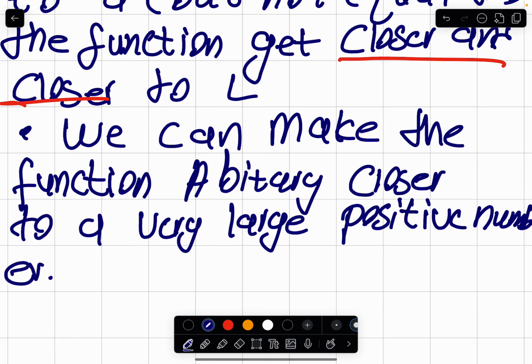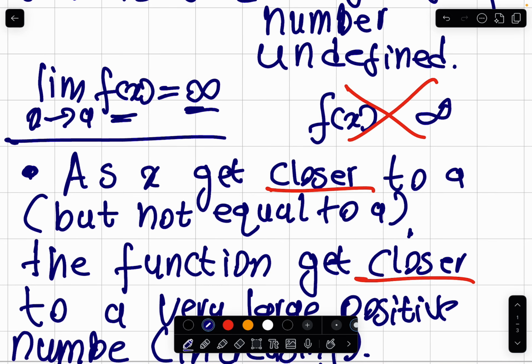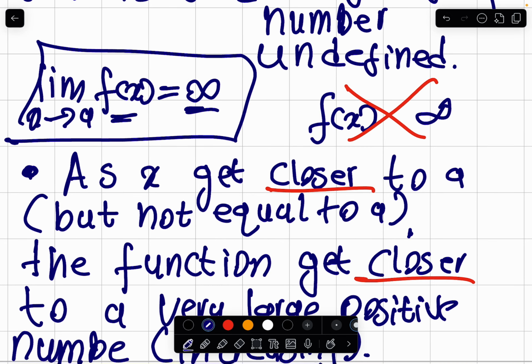Understand? That's your point. This is how you can explain what this thing means in words. Understand?